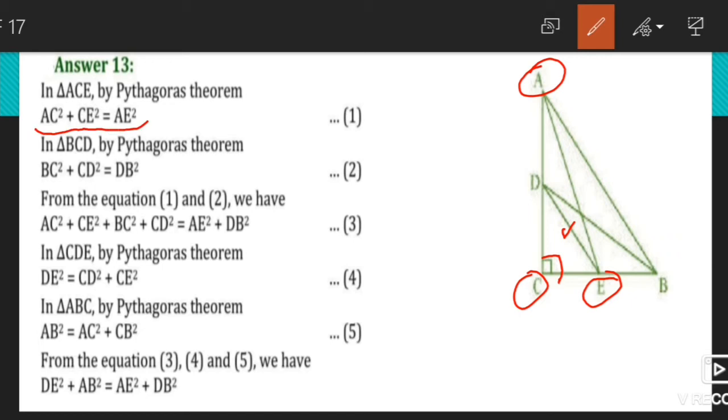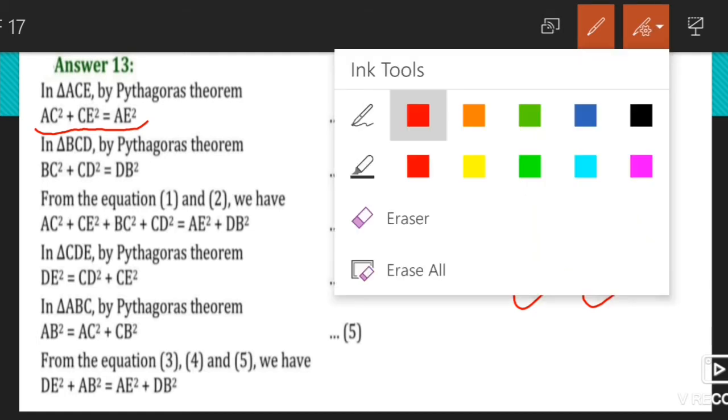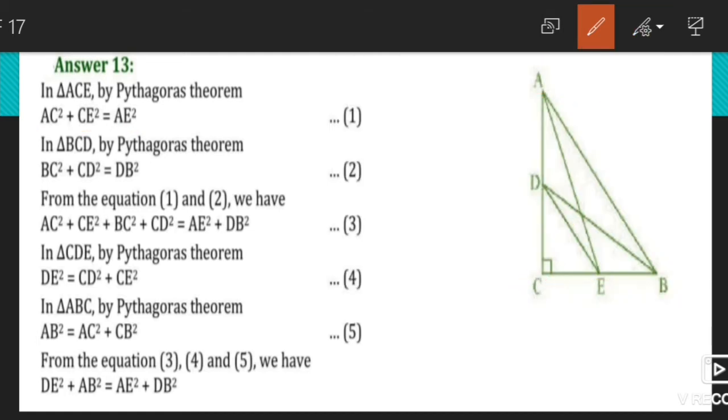Now if you take triangle BCD, again angle C is 90 degrees, so BCD is a right angle triangle, and by Pythagoras theorem BD square is equal to DC square plus BC square.